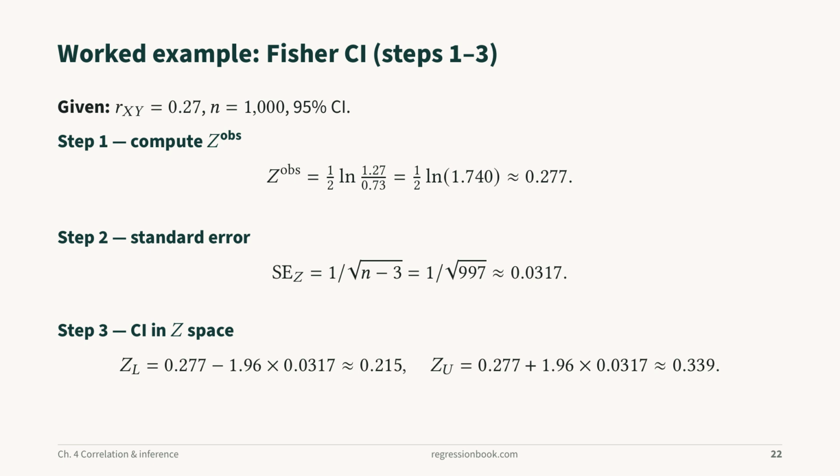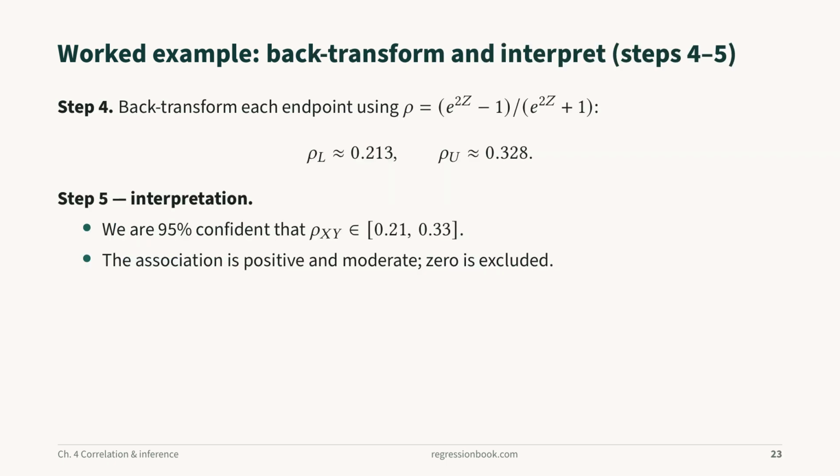The interval in z-space runs from about 0.215 to 0.339. Steps 4 and 5 back transform each endpoint, giving roughly 0.213 and 0.328, so we are 95% confident the population correlation lies between about 0.21 and 0.33. The association is positive and moderate, and 0 is comfortably excluded.